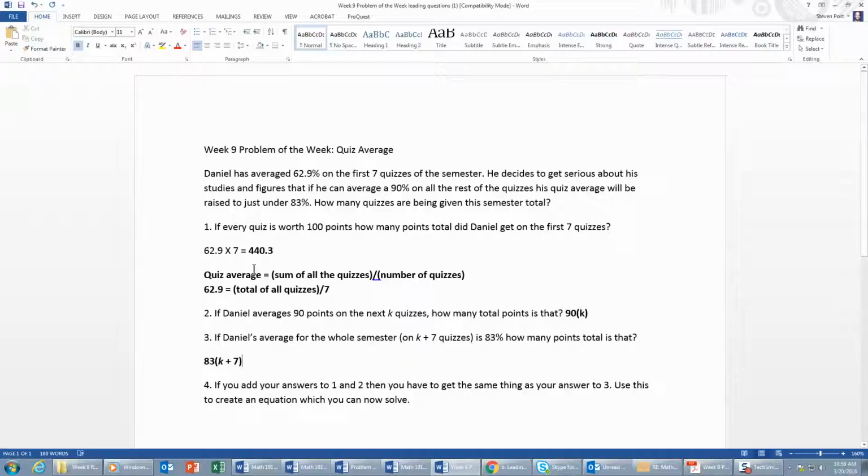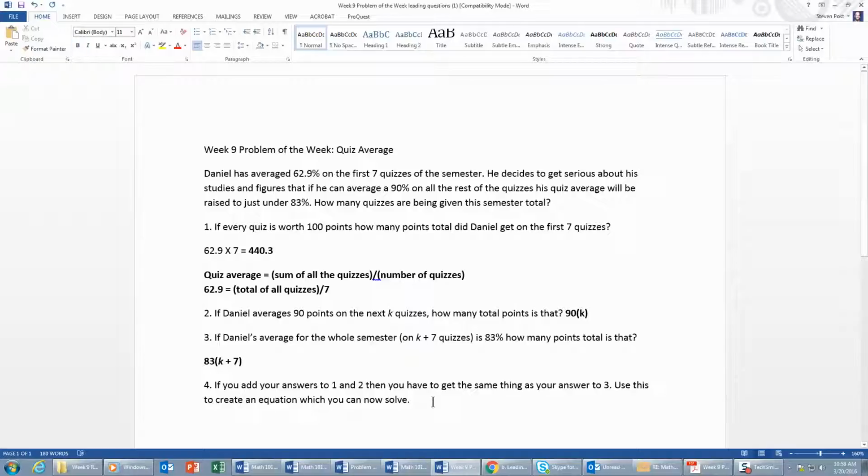But if you add 1 and 2, you must get the same thing as 3. If he has 440.3 points on the first 7 quizzes and 90 times k points on the next k quizzes, then add those two together to get his total number of points, which must be the same as this 83 times k plus 7.